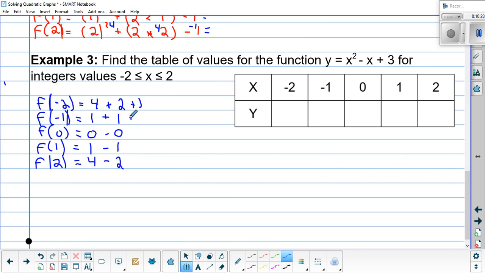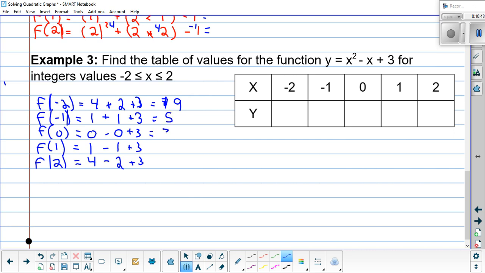So I'm doing a little bit of maths in my head as I'm going. You don't have to, but I'm also showing you what would be adequate if you wanted to write that down. So first one, 4 plus 2 is 6. Not 7. 6 plus 3 is 9. Then we have 1 and 1, and 3 is 5.